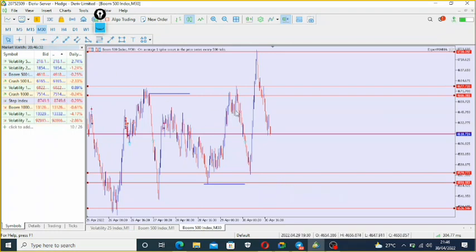So this is what I do. I use the higher time frame to analyze markets. At this point, it is very clear to me that the market is going to be selling. Even if it doesn't give me any signal, I know on my own that it is a selling market because price has not come to any of these levels.